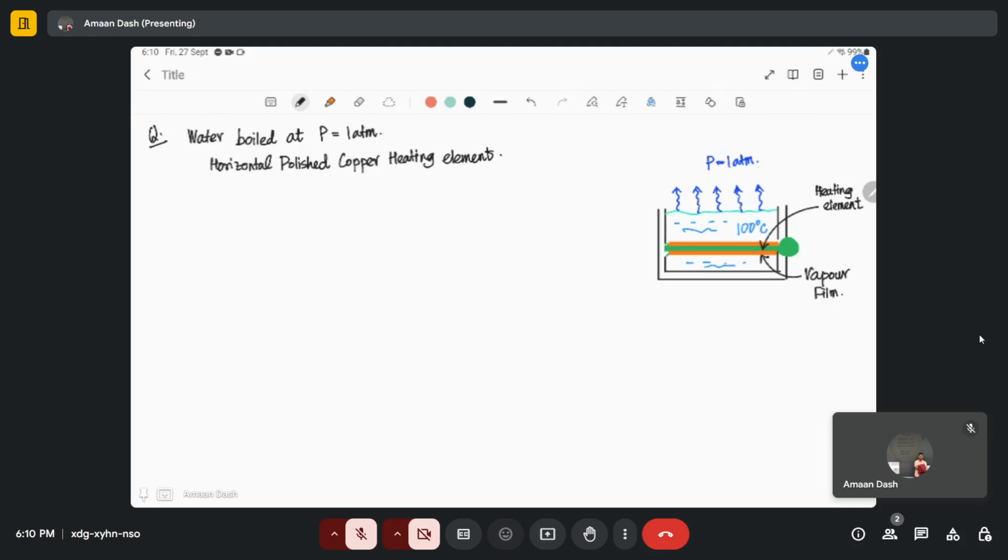This element has a diameter of 5 mm and emissivity of 0.05, and this is immersed in water, right? So this is water.